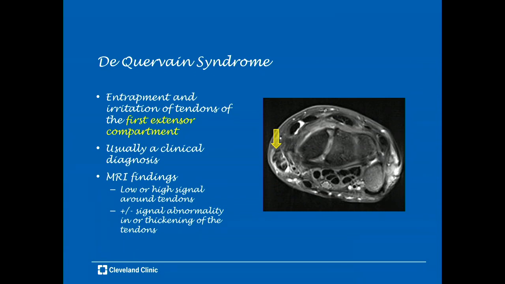On MRI, what we look for in this case is essentially abnormalities involving the first extensor compartment that can result in either low or high signal around the tendons, essentially tenosynovitis, as well as signal abnormality and or thickening of the tendons, in other words, tendinosis.